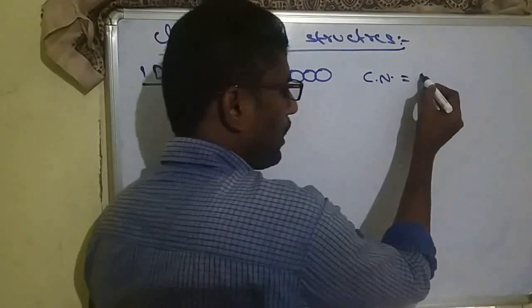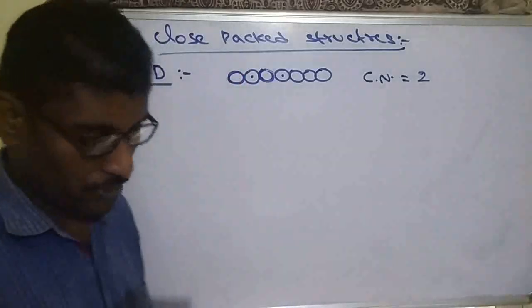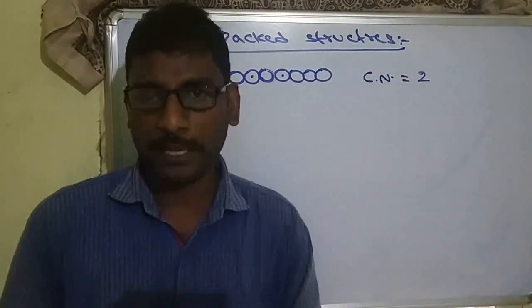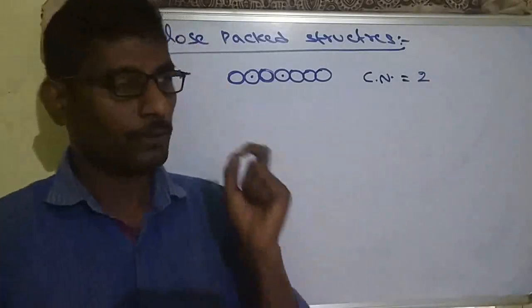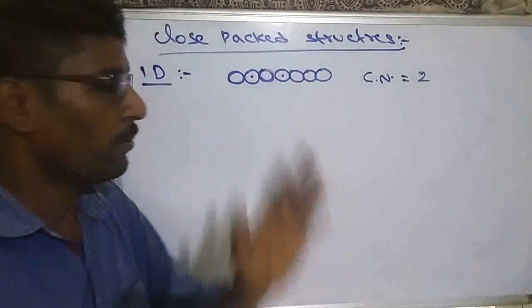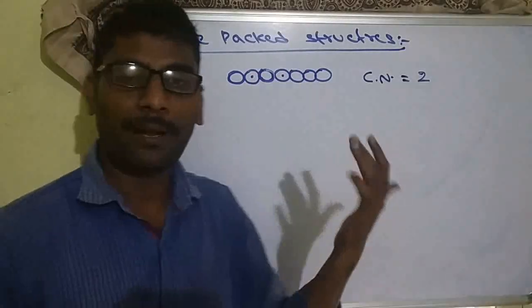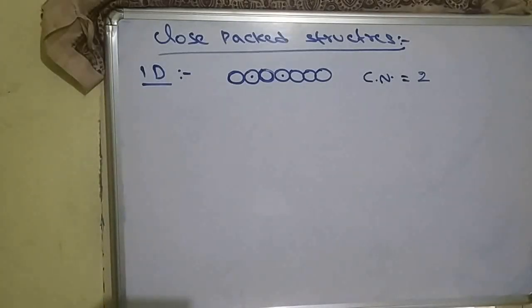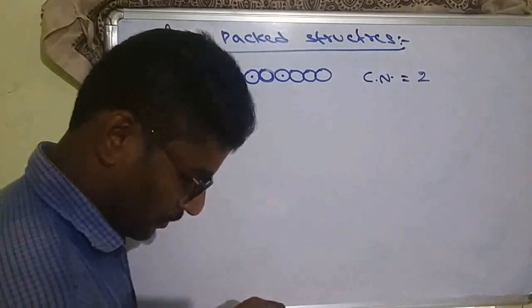That is called coordination number 2. Coordination number simply means the particles in direct contact per particle, also called the number of nearest neighbors. So in one dimension, coordination number will be 2.